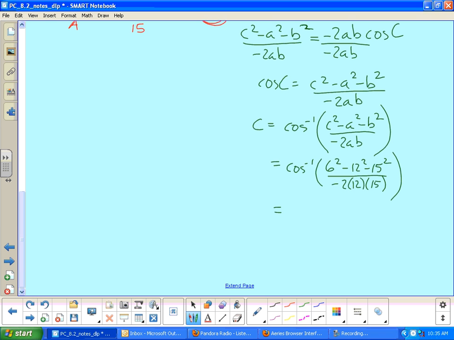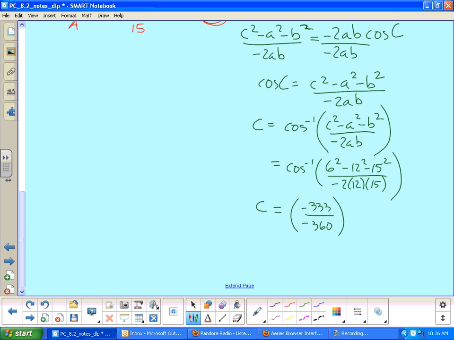Inverse cosine of that thing. Yeah, do the inverse cosine because we're looking for the angle C. So the inverse cosine of 36 minus 144, negative 108, minus 225, negative 333, over 360. Isn't that right? Did I do that right?